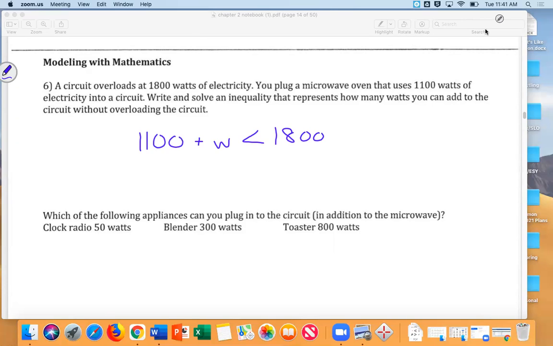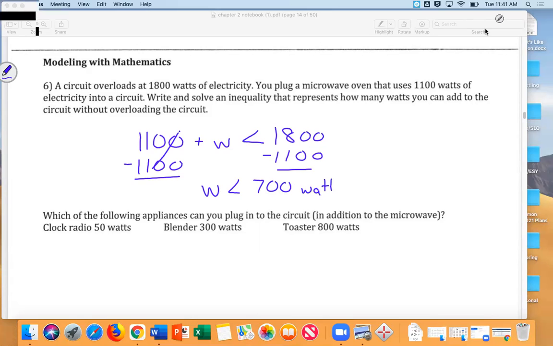You can't run it. So this is the inequality that we just created. Now, how would you get rid of plus 1100? Minus 1100. And Ava, what this will tell me is this. This will tell me I can plug something into that circuit that uses less than 700 watts.